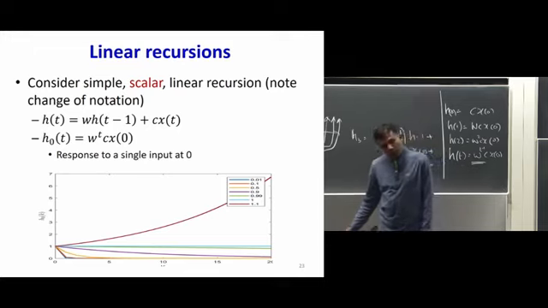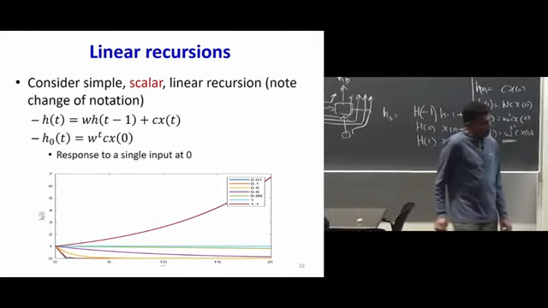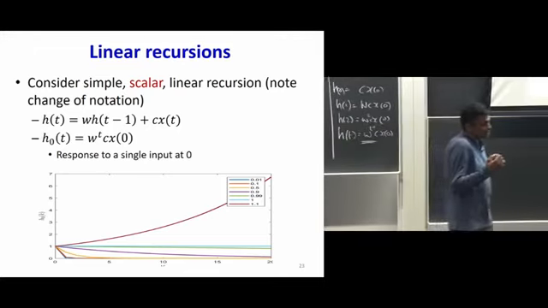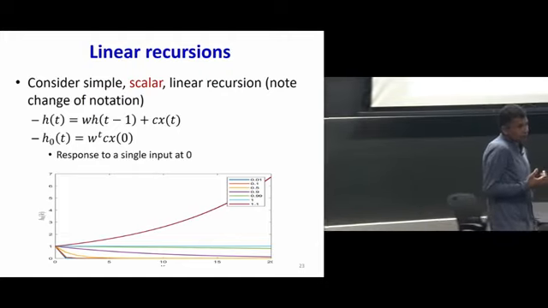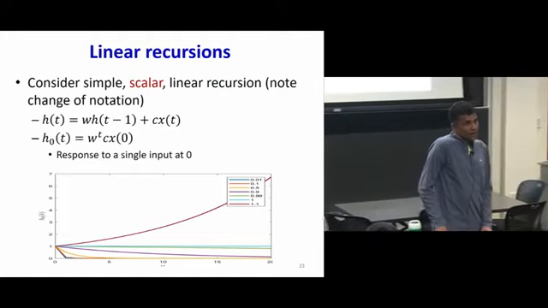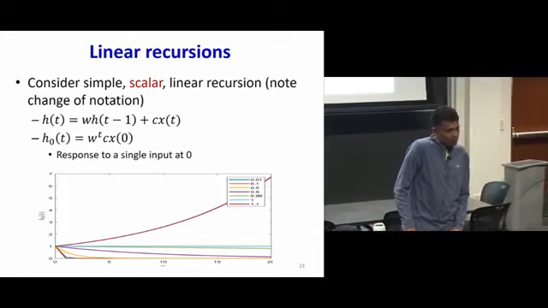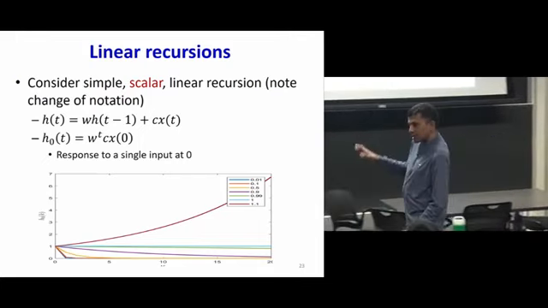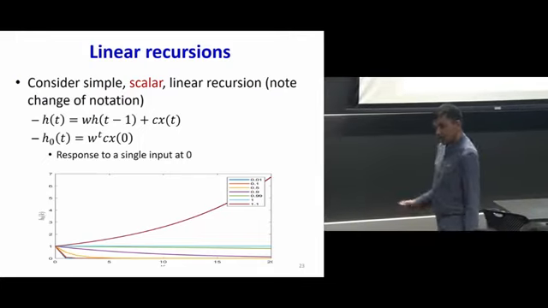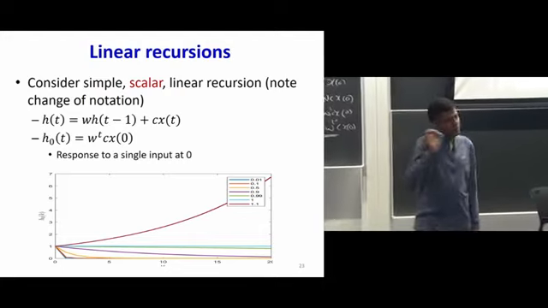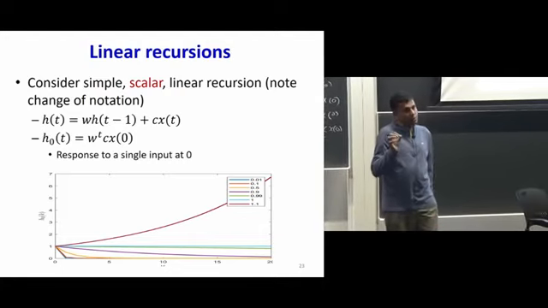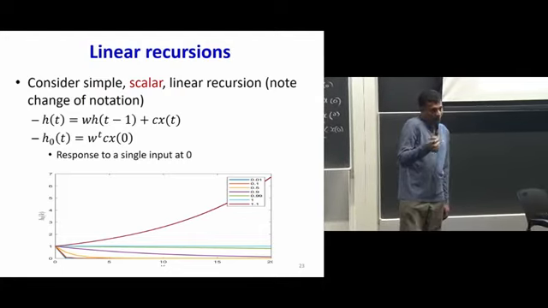The entire response is governed by w, right? So what happens for different values of w? Assume that the entire thing is scalar for now, right? So my input is scalar, my system is scalar, we are looking at scalar recursions. So now in that case, w is just a single number. What happens for different values of w?